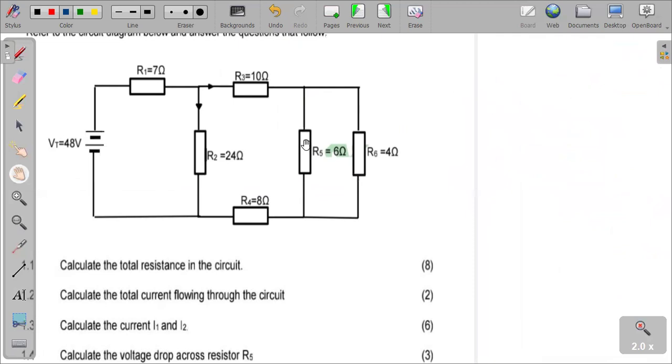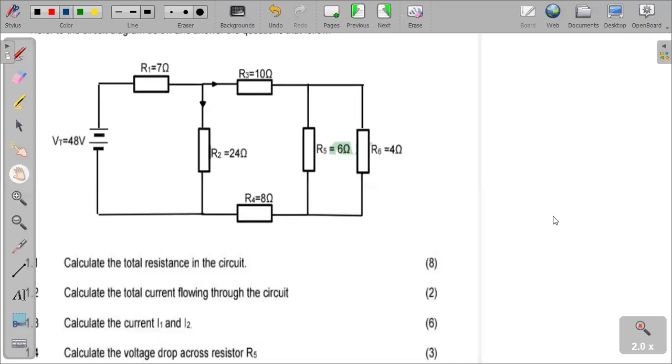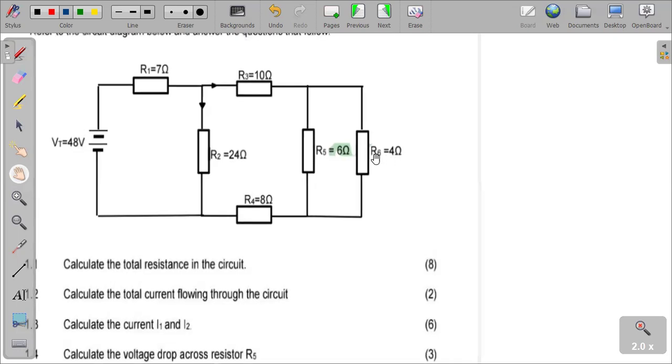So what can we do? In order to find the voltage of the resistor R5, what we can simply do is know that the voltage of the 6, since it is the same as the voltage of the 4 ohm, is also the voltage of the effective resistance of the combination that is in parallel, the two of them, right?